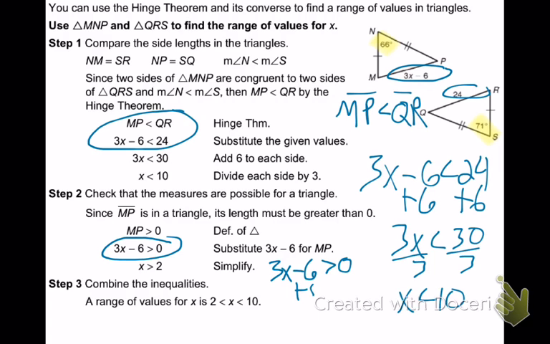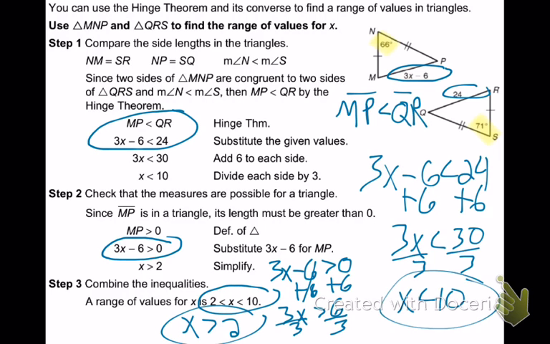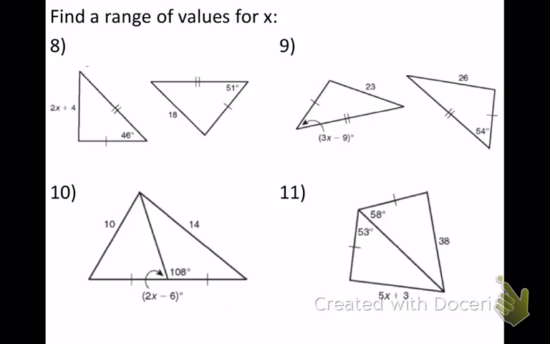I add 6 to the other side. 3x is greater than 6. Divide by 3. And I say x is greater than 2. That gets me my compound inequality of two statements. So the one time you got to set it less than the other triangle. And the second inequality, you have to set it greater than 0, because it has to be greater than 0 for it to exist.